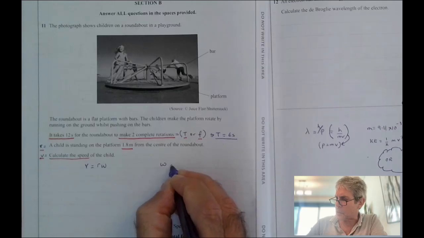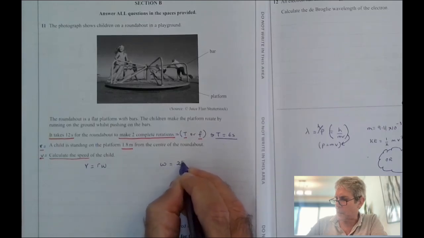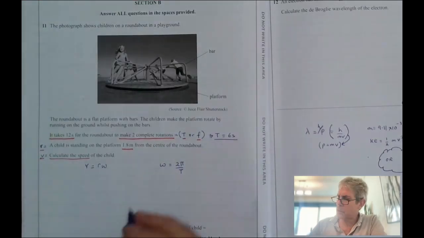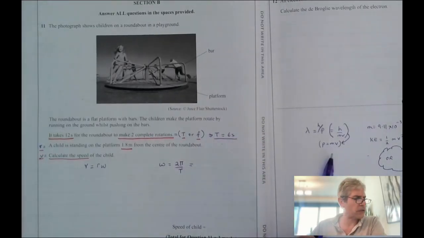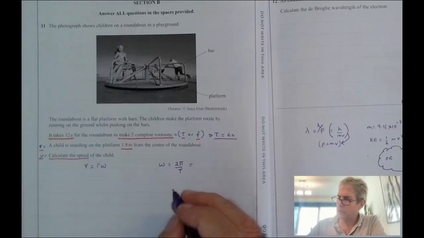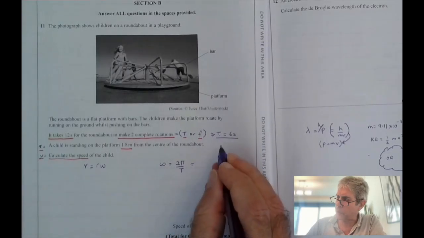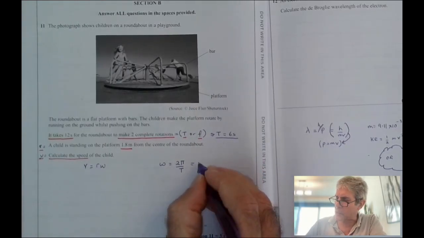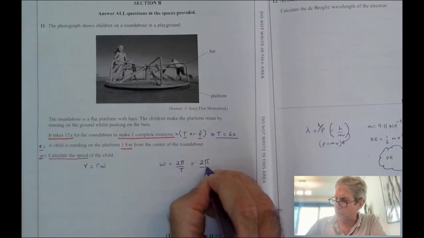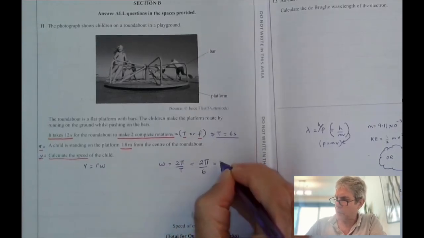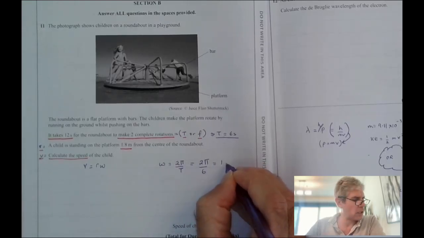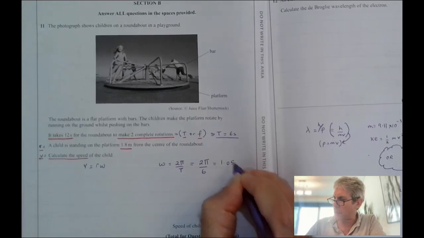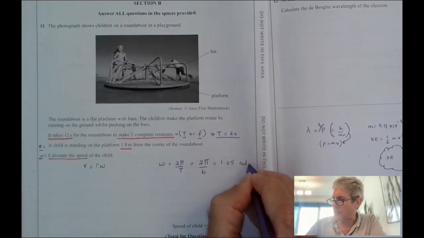So the other thing we need to use is omega equals 2 pi over T. We worked out that T equals 6 seconds, and you need that to put into this equation. So it's 2 pi divided by 6, which should be slightly over 1 if you actually calculate it. It's about 1.05 radians per second.